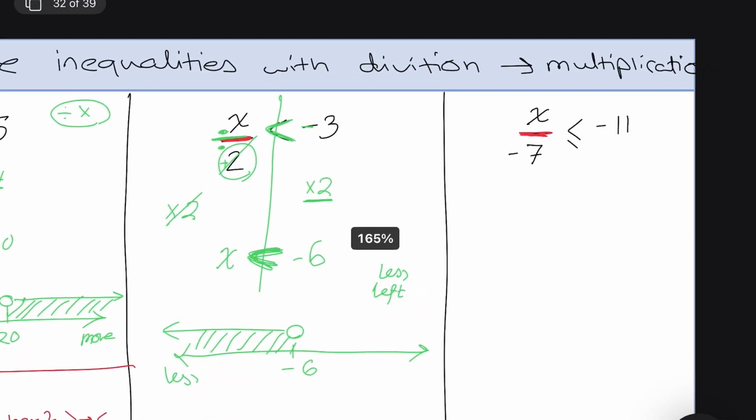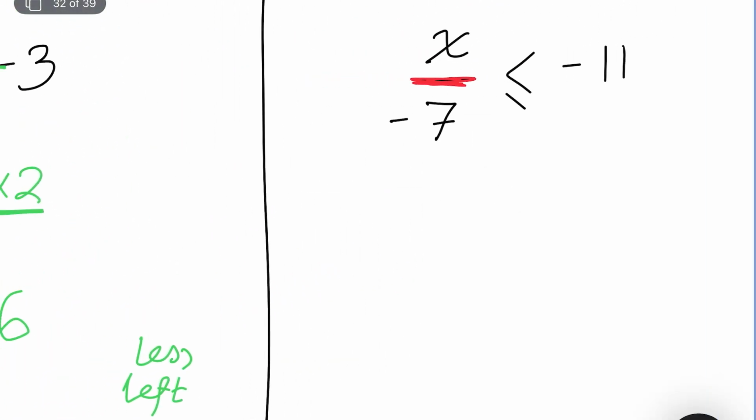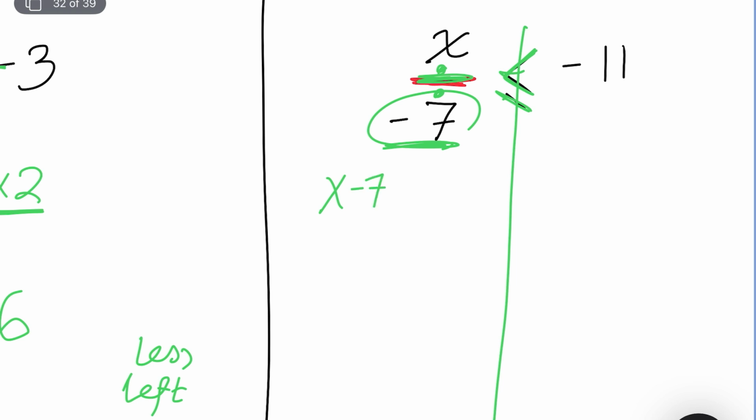Now, the last example: again, separate the two sides, but my number is a negative number, so definitely my inequality sign will flip. So x over negative 7 means x divided by negative 7. To cancel division, I have to multiply by negative 7 on both sides.